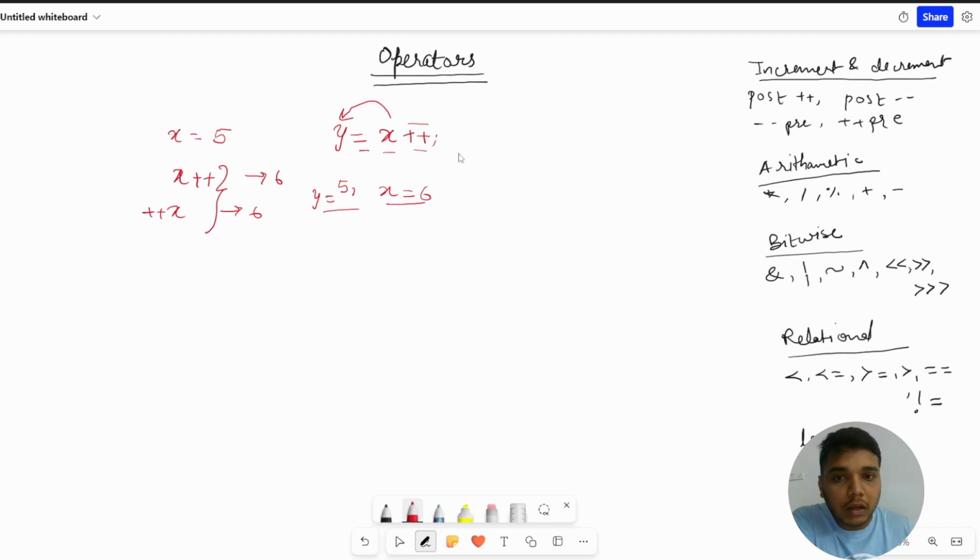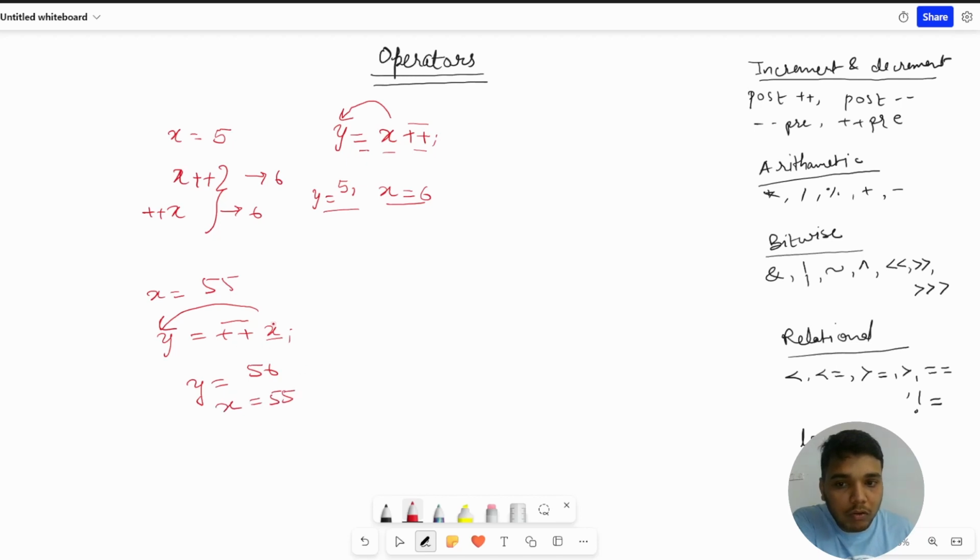Let me show you with another example. If we have x equals 55, then y equals plus plus x. This operator will work first, it will increase the value of x by 1, so it will become 56, then it will get assigned to y. So y equals 56 and x would be 56.